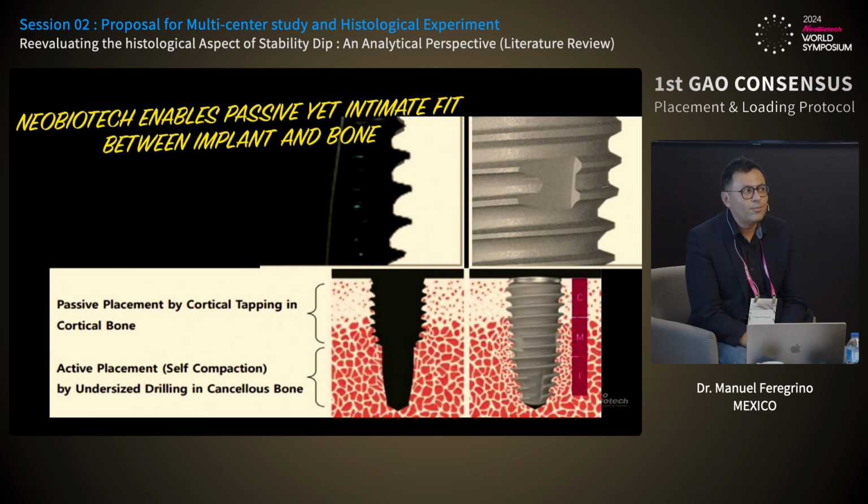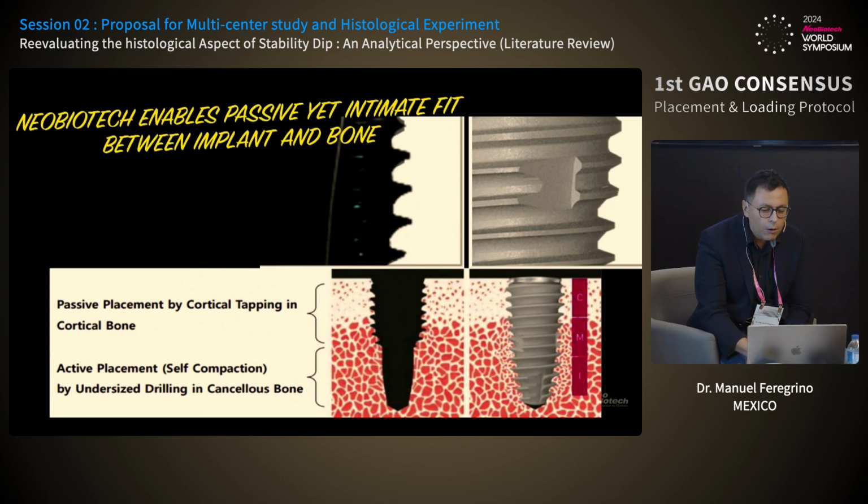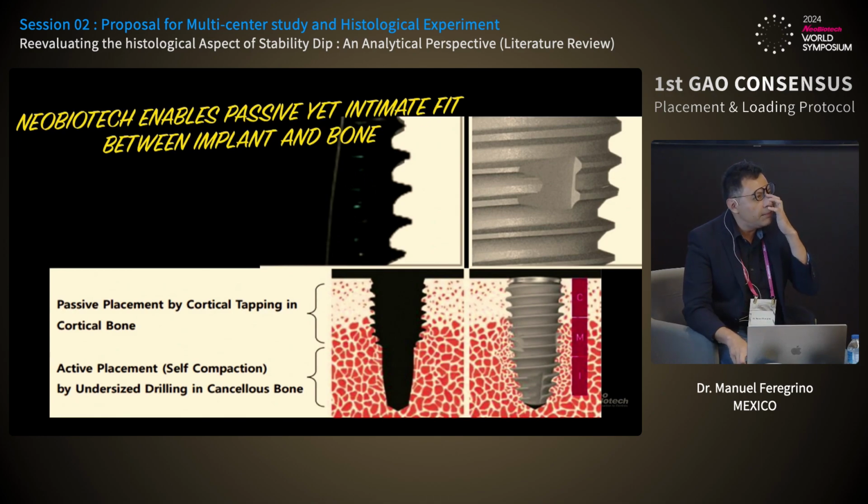The importance is to personalize the drilling protocol to the patient and the kind of bone that we are working on, mainly on the old bone made of cortical bone. It's really important to do cortical tapping in order to get this intimate anchorage.